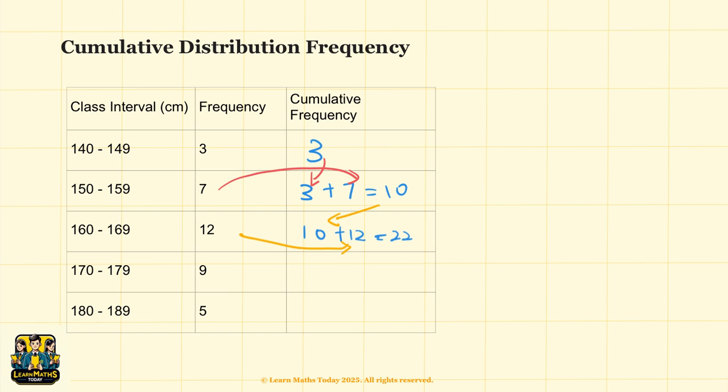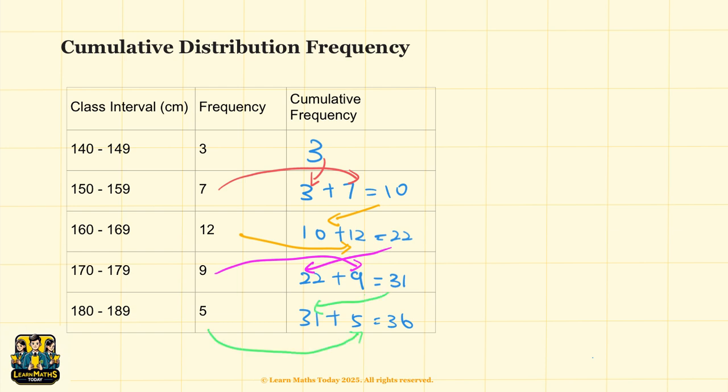We add 9 to the previous cumulative frequency to give a cumulative frequency of 31. Then for the last row, we add 5 to 31, which gives us 36. The last cumulative frequency should be equal to the total number of students. In this case, the total number of students is 36.